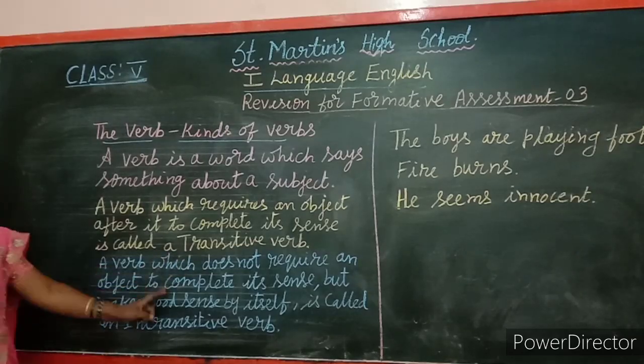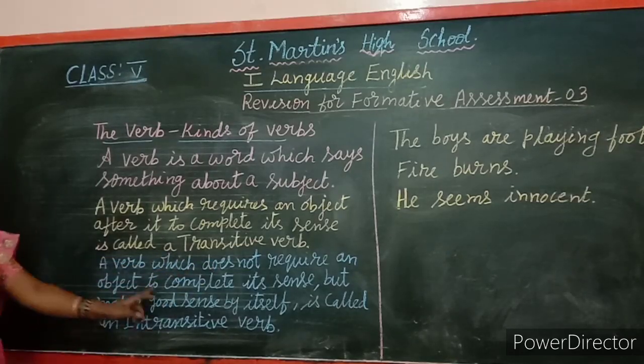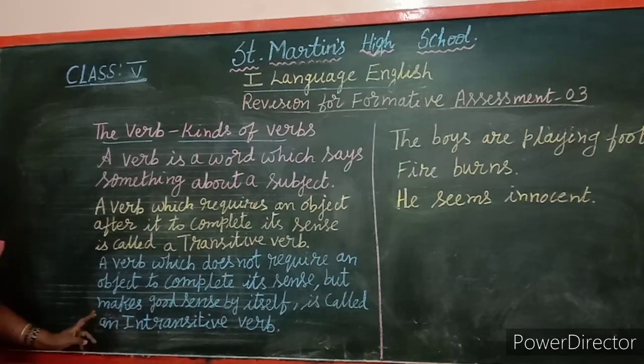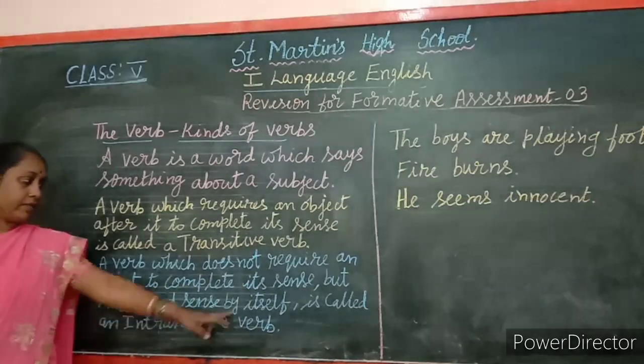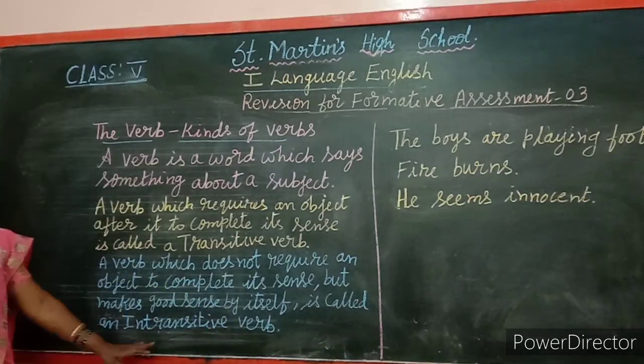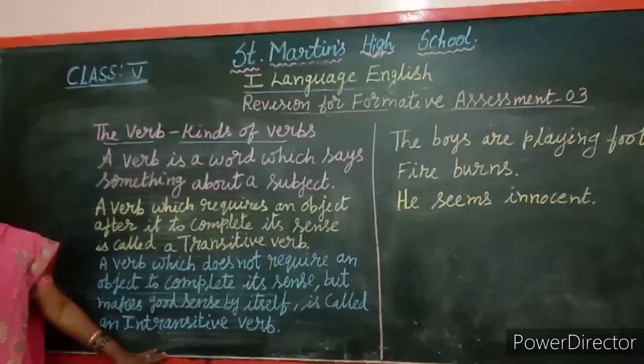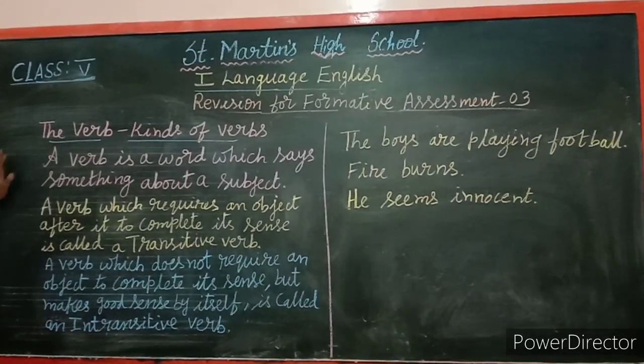A verb which does not require an object to complete its sense but makes good sense by itself is called an intransitive verb. Yes, now you came to know about the verb and kinds of verbs. We have 2 kinds of verbs here, that is transitive verb and intransitive verb.